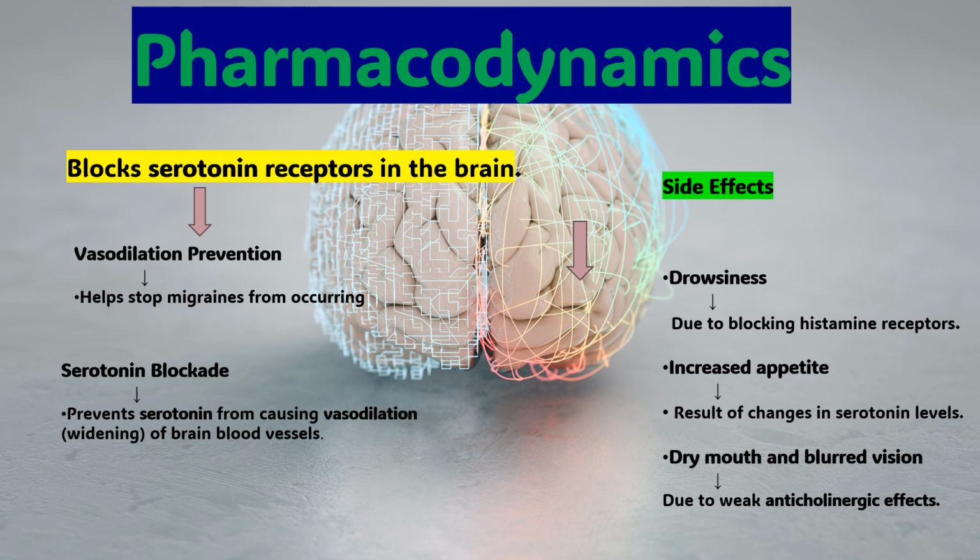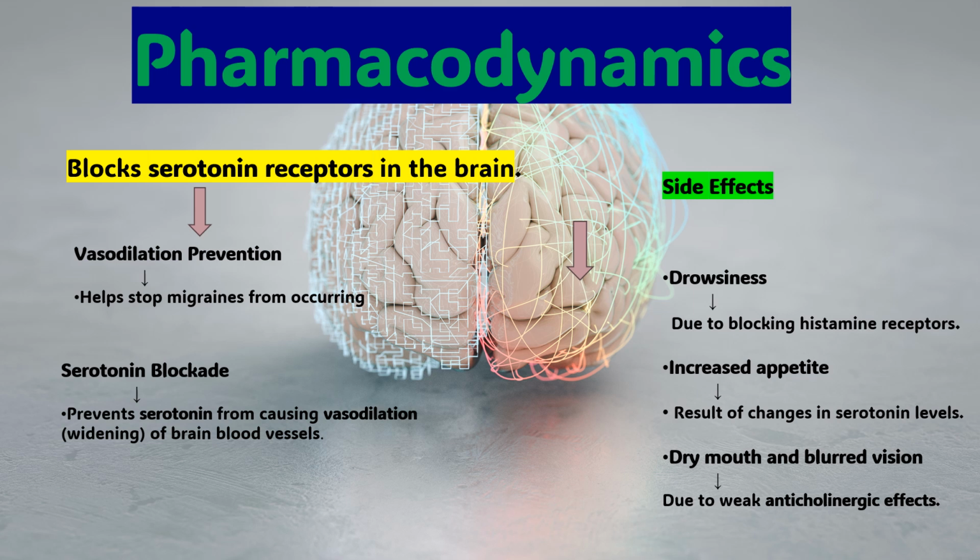And moving on, if we talk about pharmacodynamics, it blocks the serotonin receptors in the brain, which ultimately leads to the prevention of vasodilation, which is the widening of the blood vessels of the brain. And when it prevents that, it stops the migraine from occurring.